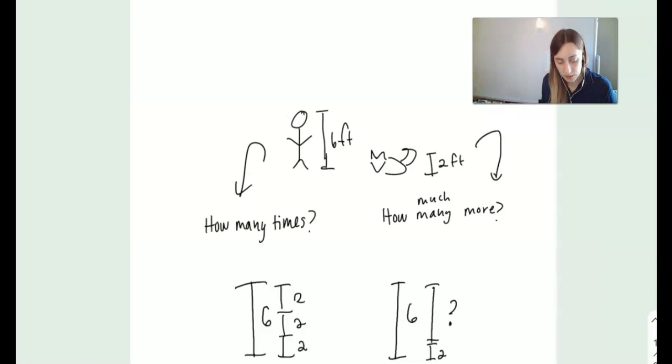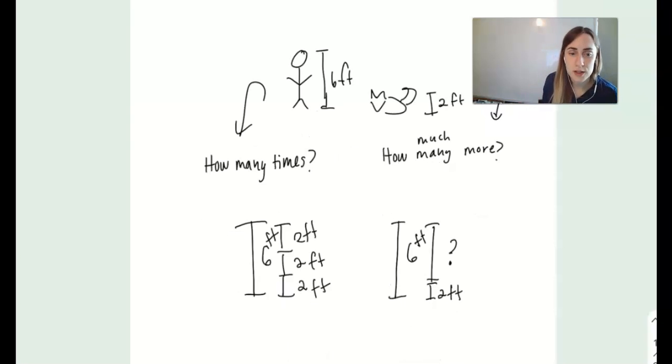And I lost my units here, which is not something I would recommend. I would still show them. And then when I'm saying how much taller, I'm saying, or how many more feet, right? I'm looking for the difference.